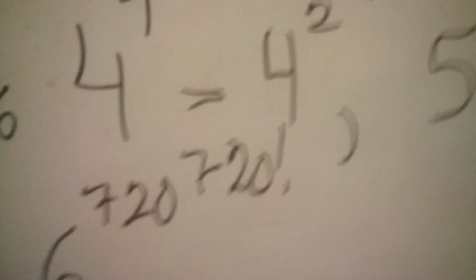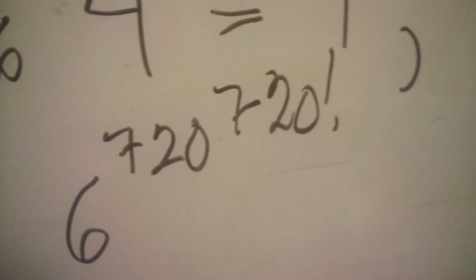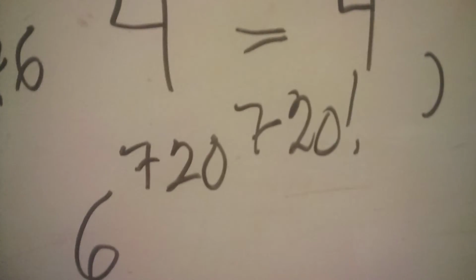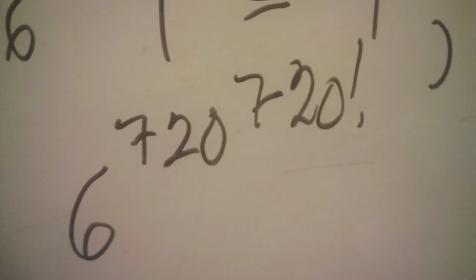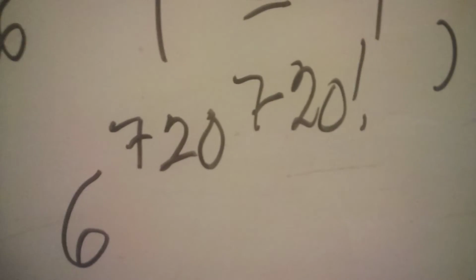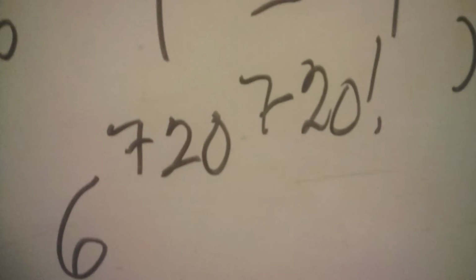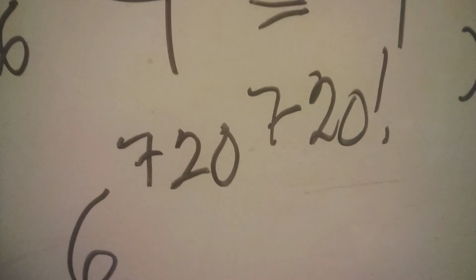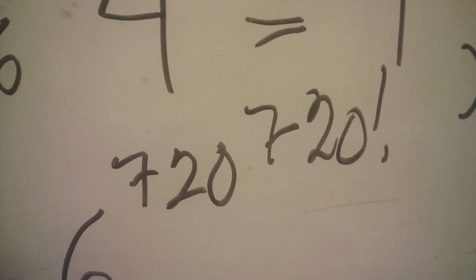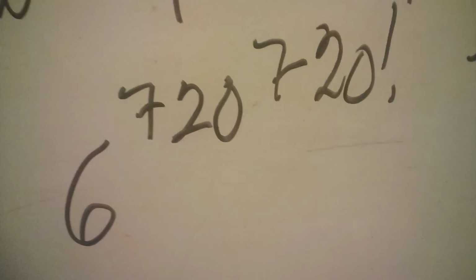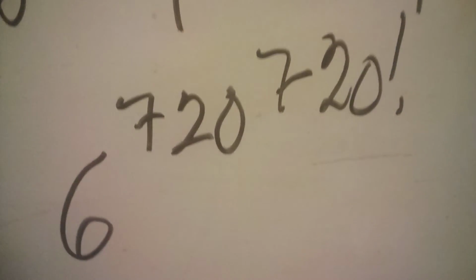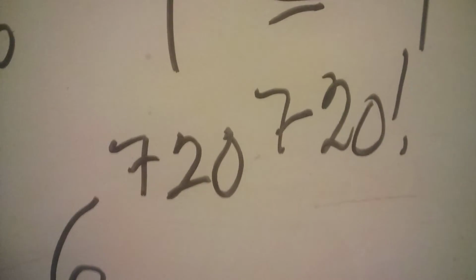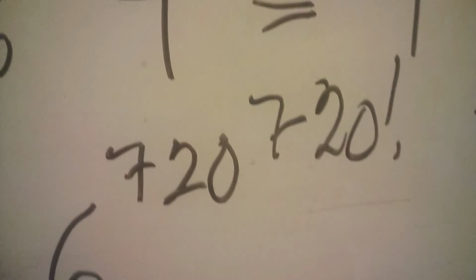And 720 factorial is a pretty large number, which when we resolve it becomes the final exponent for 6, and that turns out to be incalculable. So already we've gone pretty high in enhanced Ackerman numbers, at the third enhanced Ackerman number with iterated factorials.